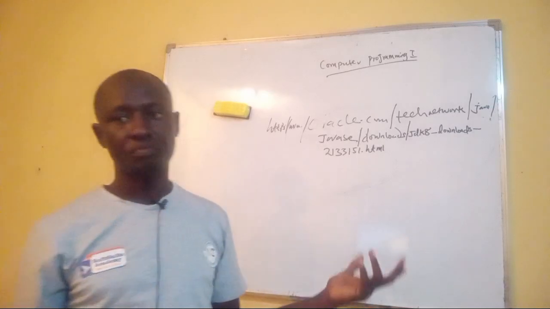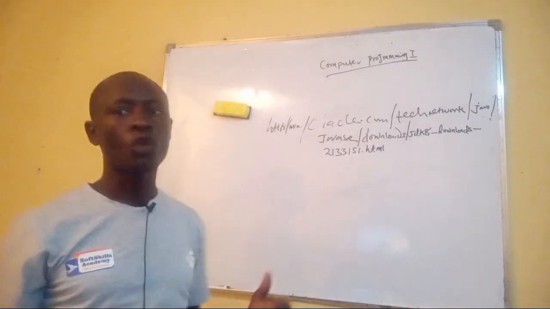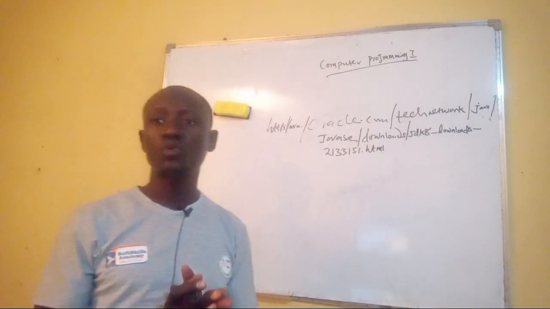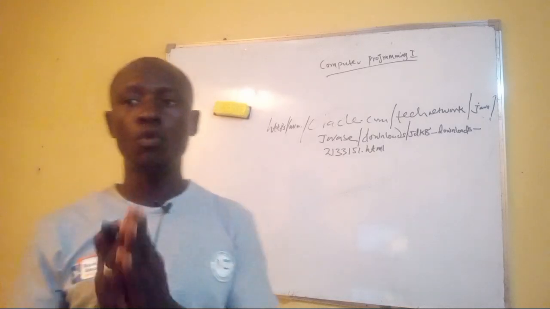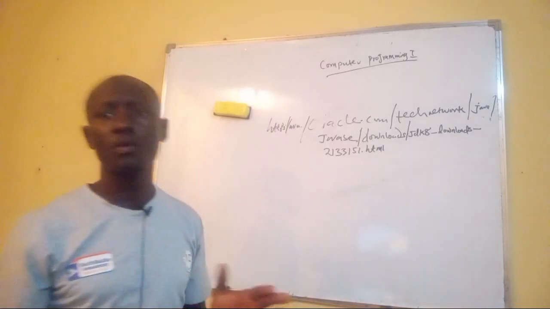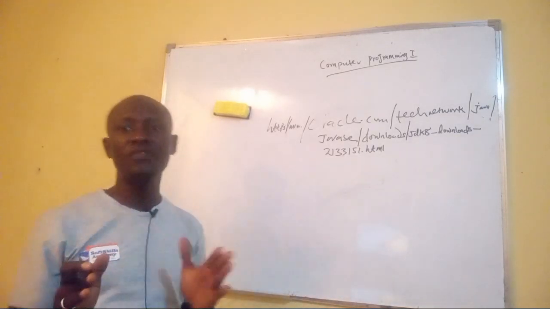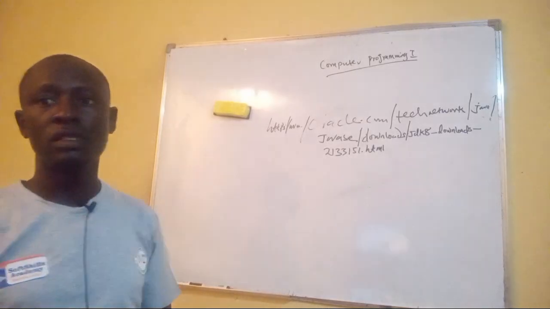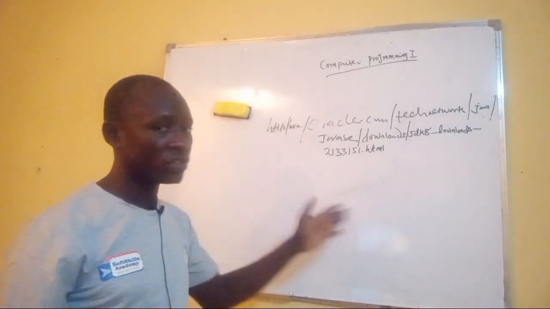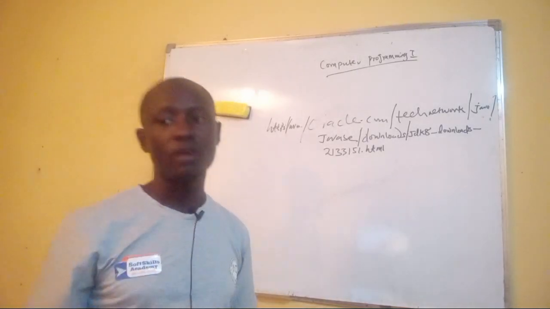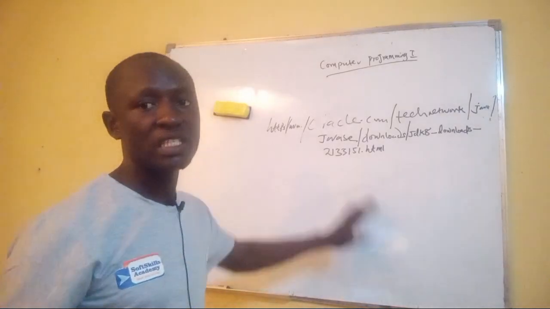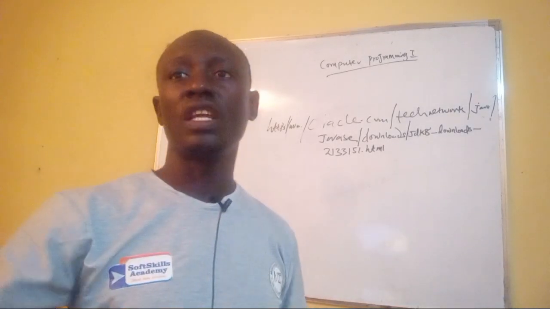Once you install Java on your machine, you will need to set up what we call the environment variable path. This environment variable path is very, very important in order to point to the correct installation directory. Are we together? This is very paramount in setting up your Java environment.